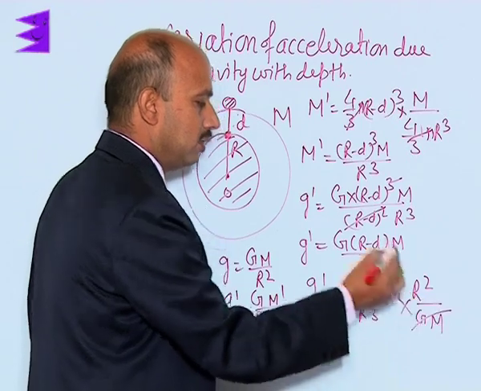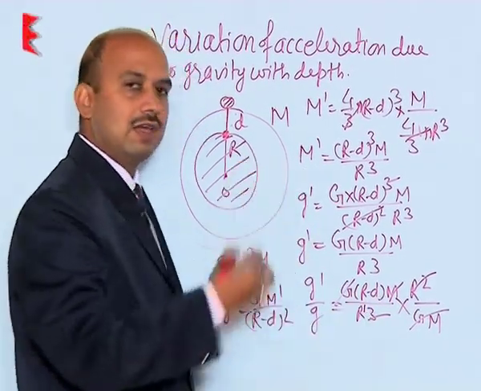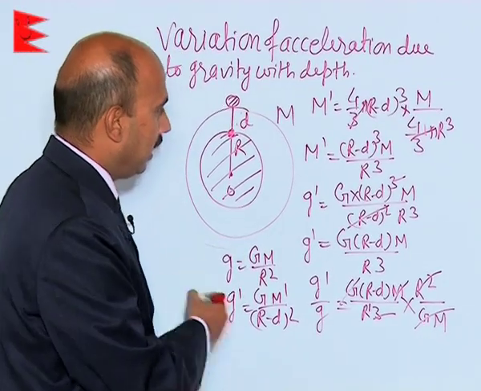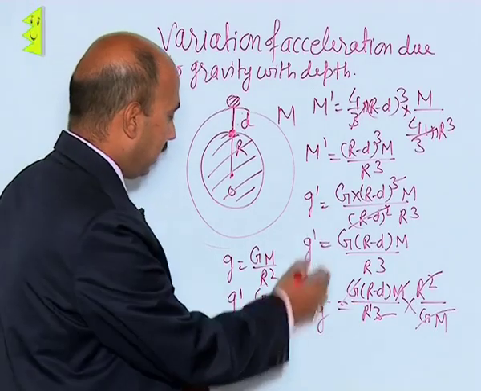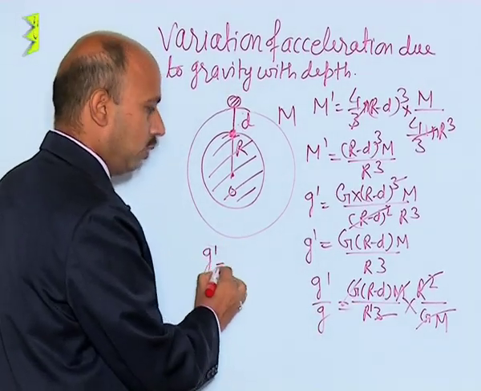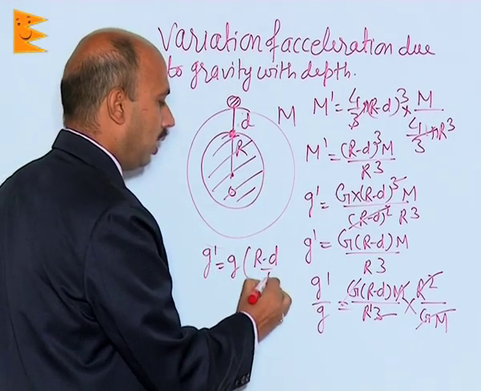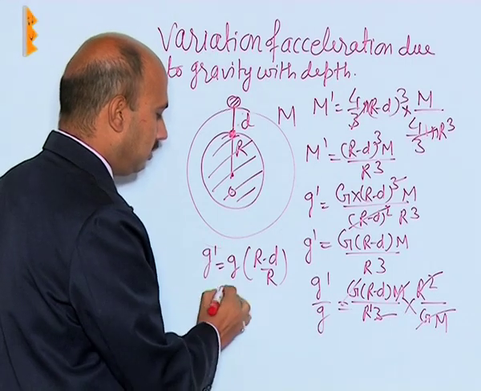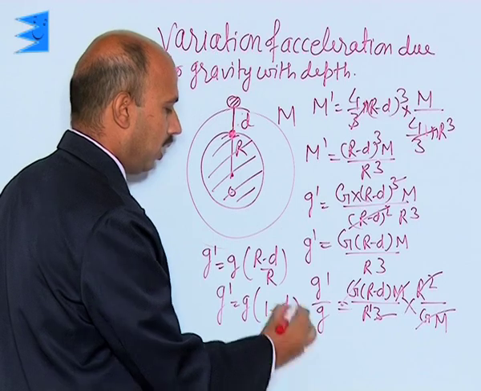This will get cancelled, r square will get cancelled, only one r is left here. Now, we can write g dash is equal to g into (r minus d) upon r. That means g dash is equal to g into (1 minus d upon r).